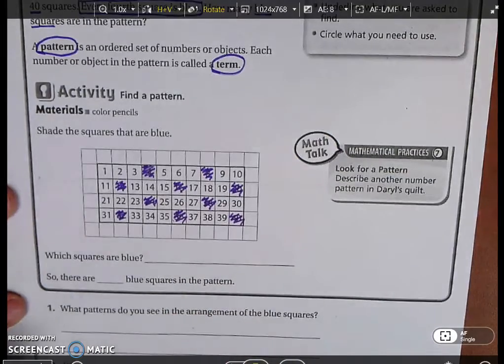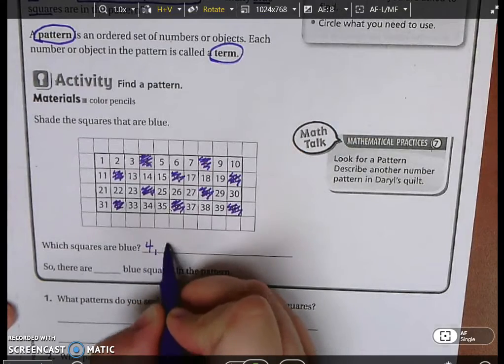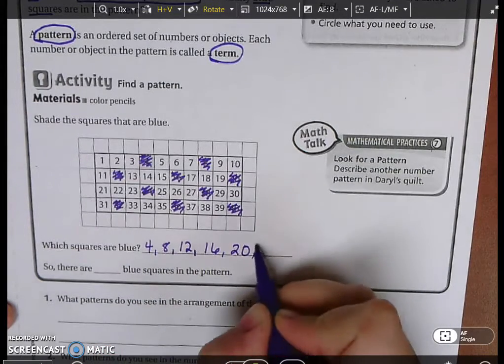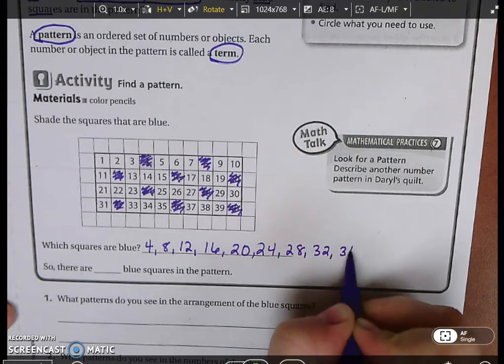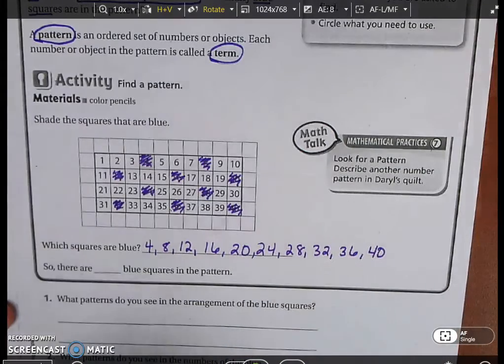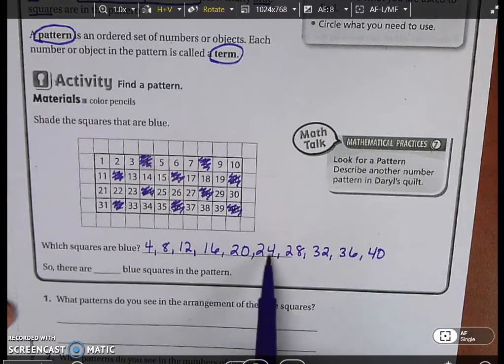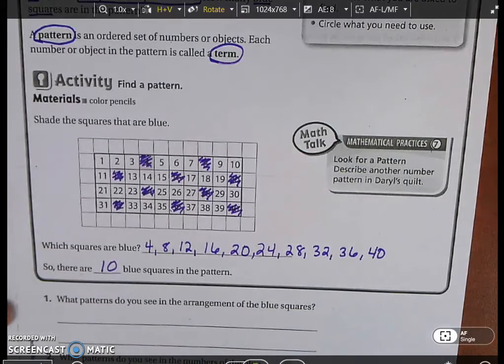So which squares are blue? 4, 8, 12, 16, 20, 24, 28, 32, 36, and 40. There are 10 blue squares in that pattern.